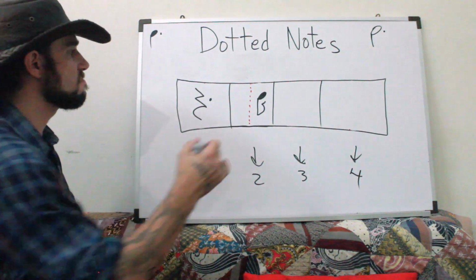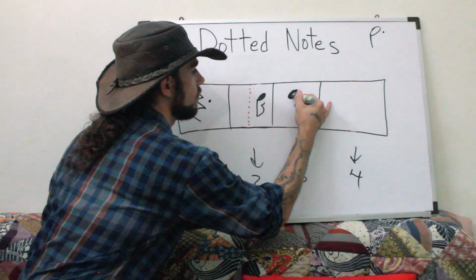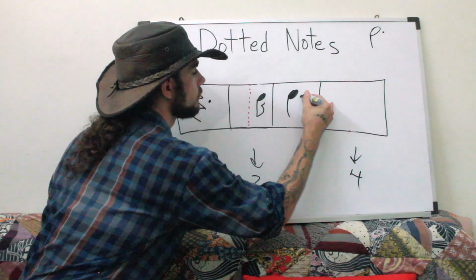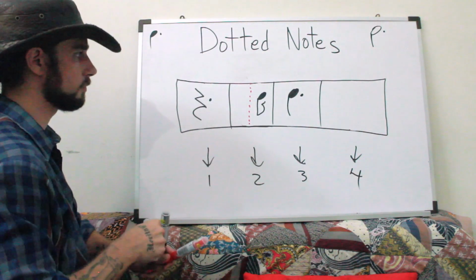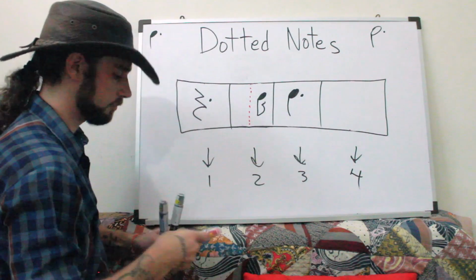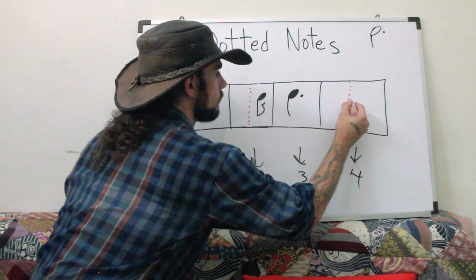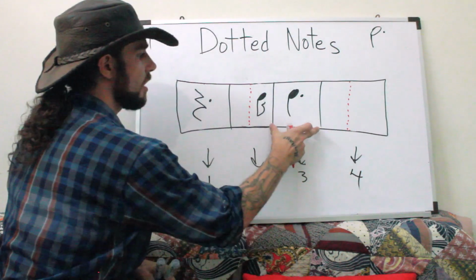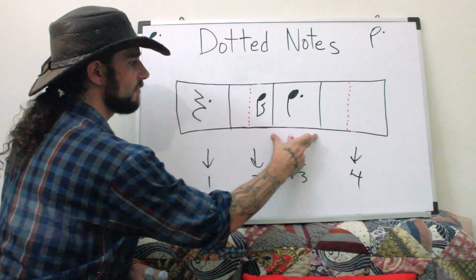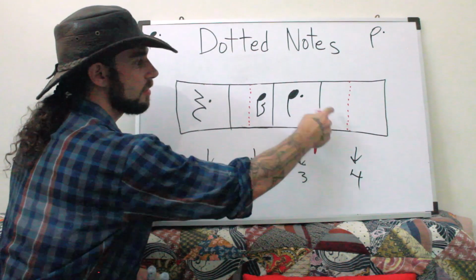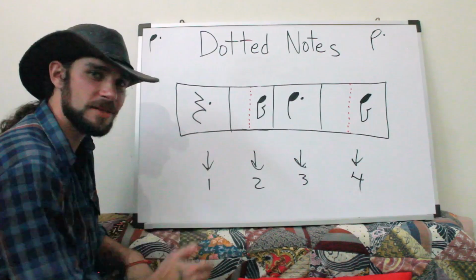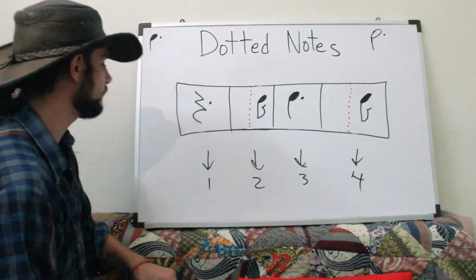And then maybe a dotted quarter note. This dotted quarter note, the quarter note's going to receive the quarter box plus this eighth. It's going to get this box here. Let's try this rhythm. See if you can do it.